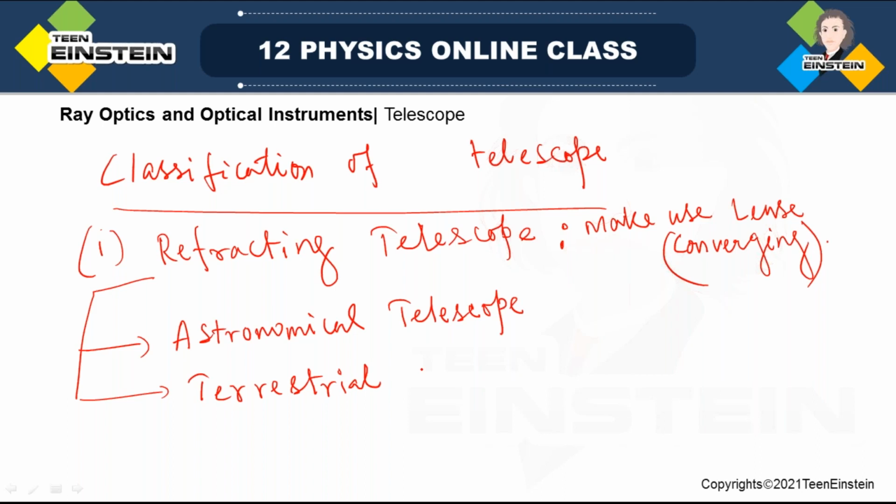We'll discuss what these are and the basic differences between these two types. Both make use of converging lenses. Let us discuss a little about the astronomical telescope and the terrestrial telescope.